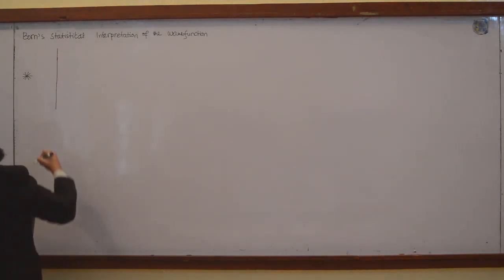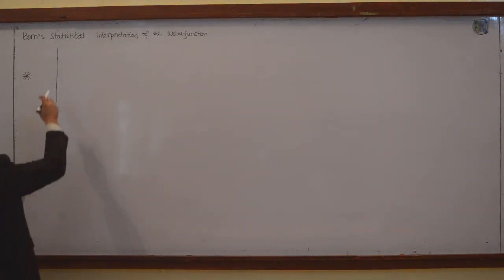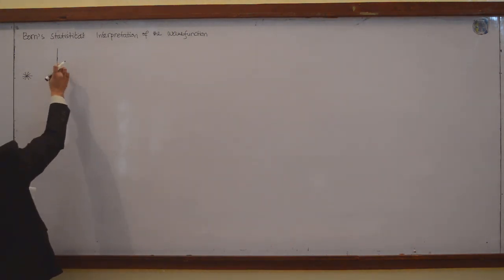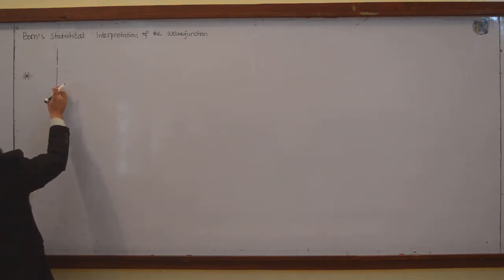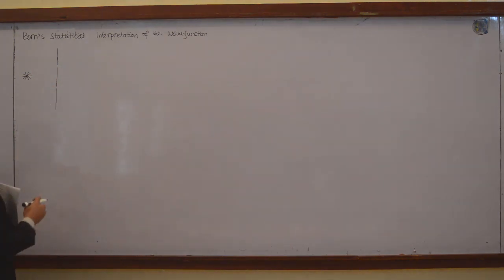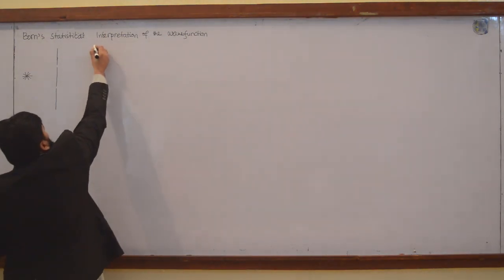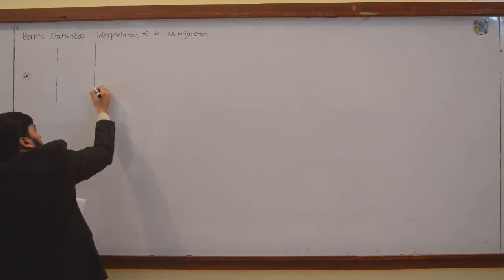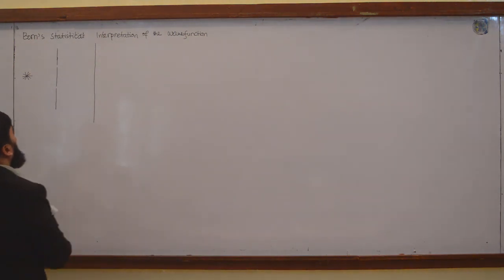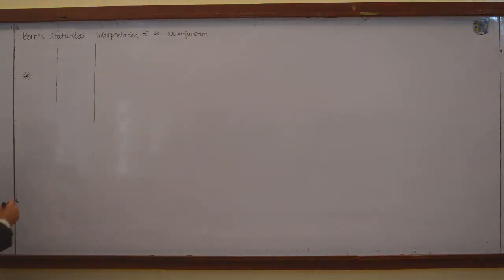This is one representation: it has an opening here and another opening at this point. These are called slits. And I have a screen here.